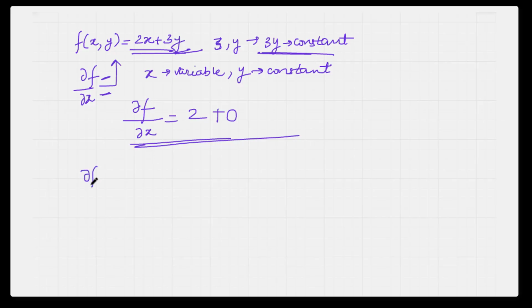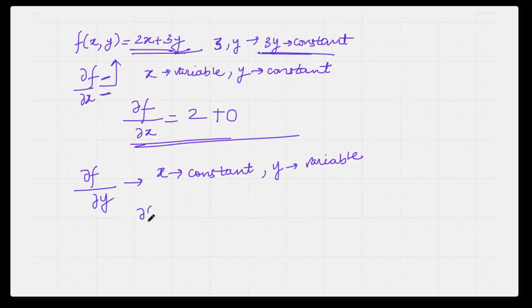Similarly, you can find the derivative of f with respect to y. Here x will become constant because we are finding the derivative with respect to y, so we keep the other term constant, and y becomes the variable.